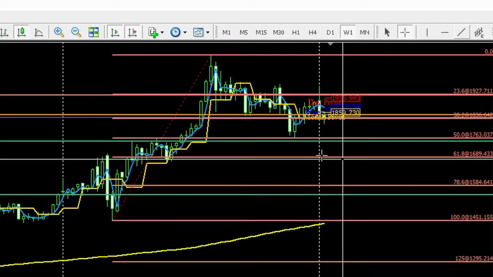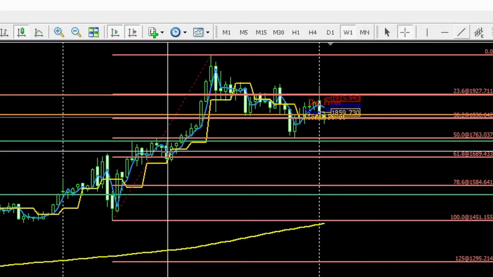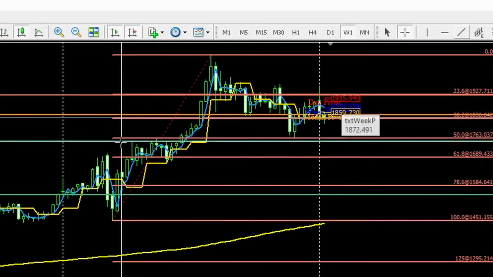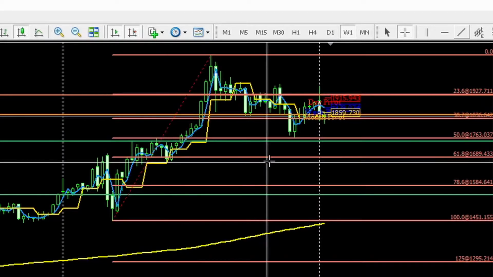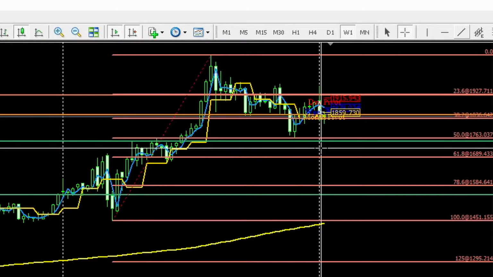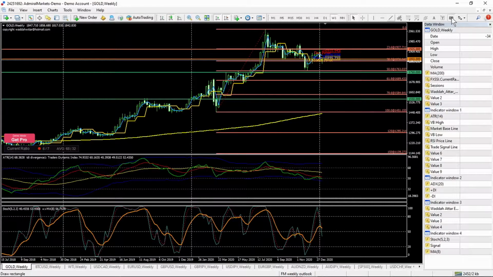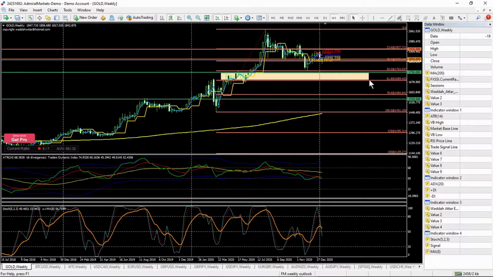Let's see if it falls down to the 61, because as you can see over this way, there is some congestion, an accumulation zone, right over here in this zone. Let me just mark that off. Right in this zone there's some accumulation that might happen, so it might bounce around in there for a little while.